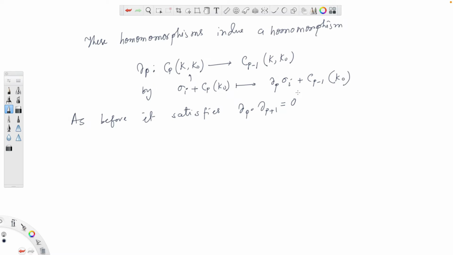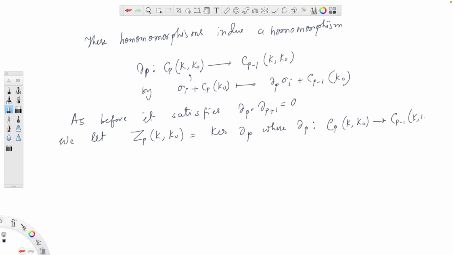Now, about relative cycles, relative boundary, and relative homology group. We let Zp of K comma K0 be the kernel of that boundary operator del P, which takes Cp of K comma K0 to Cp minus 1 of K comma K0.